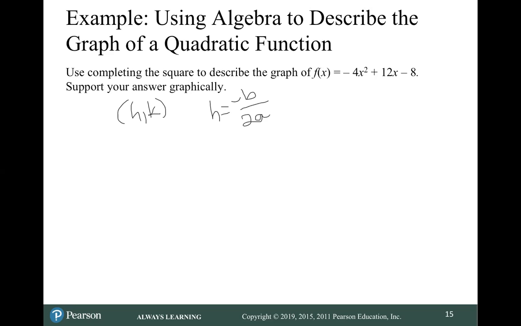So I need to know my a is negative 4, b is 12, and c is negative 8. So negative b is negative 12 divided by 2 times a, which is negative 4.